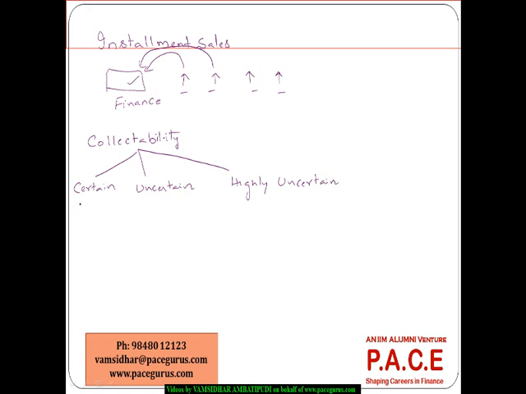When I'm more or less certain, this is again the situation where I look at US GAAP versus IFRS. Under the US GAAP, if it is more and more certain, I'll use the normal method itself. At the time of delivery, I will recognize the complete revenue. But if it is somewhat uncertain, this is where I'll use a method called installment sales.